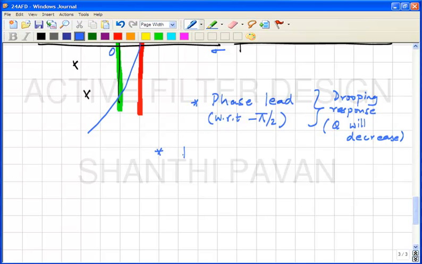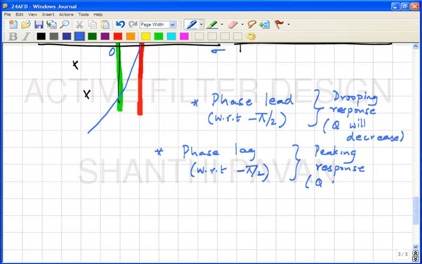On the other hand, if you have phase lag with respect to minus pi by 2, you will have a peaking response, or Q will increase.